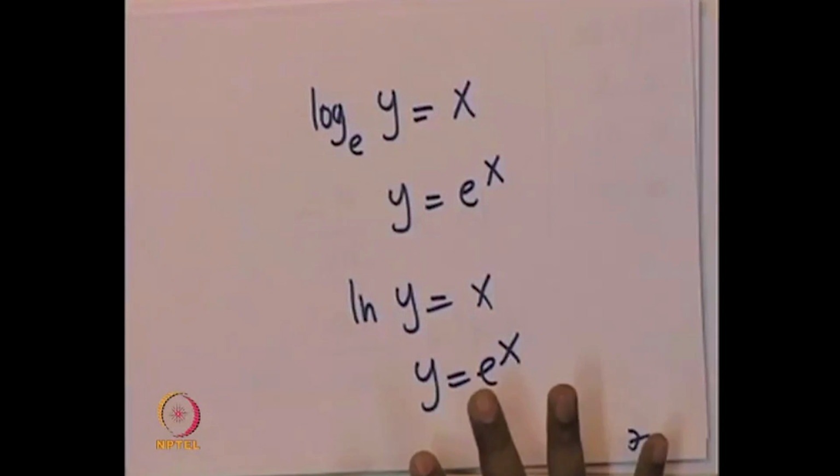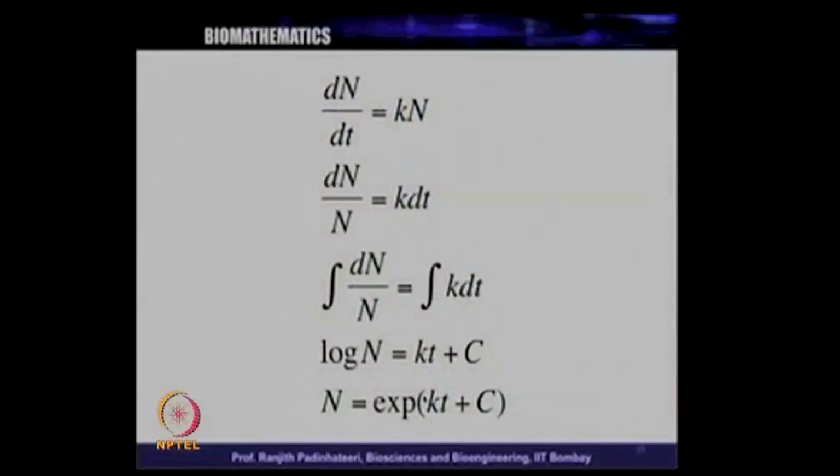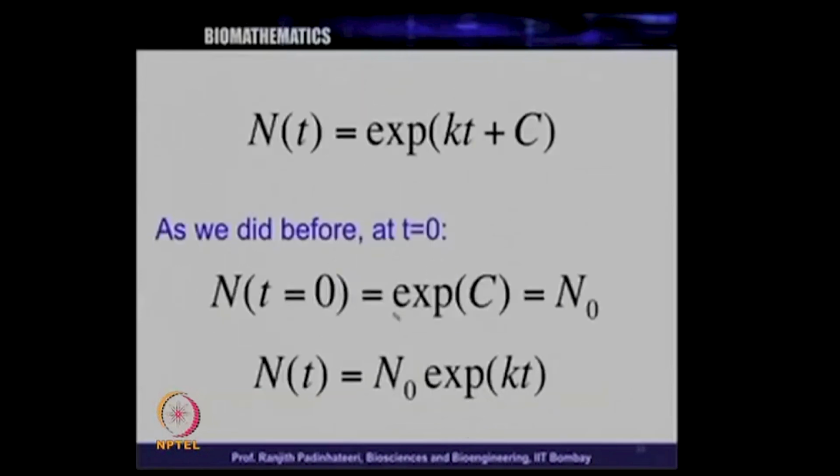So, something that we studied before. Keeping this in mind, if you have log n is equal to kt plus c, as we have it here, we can say n is equal to e power kt plus c. Now, what is c? Let us have a look as before. We have n, the number of bacteria, as a function of time.